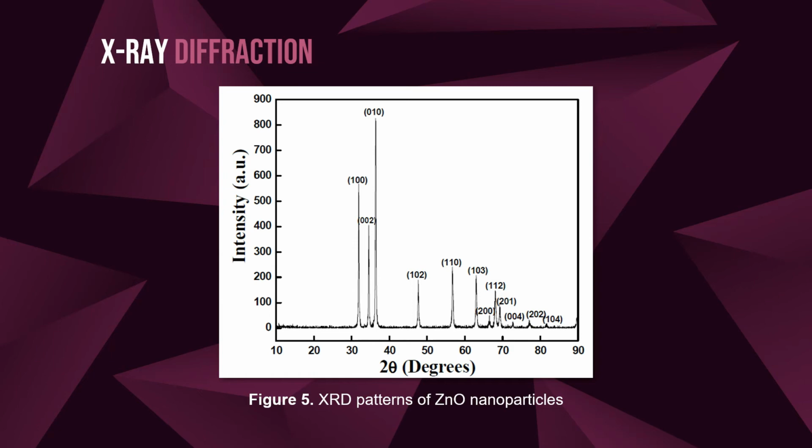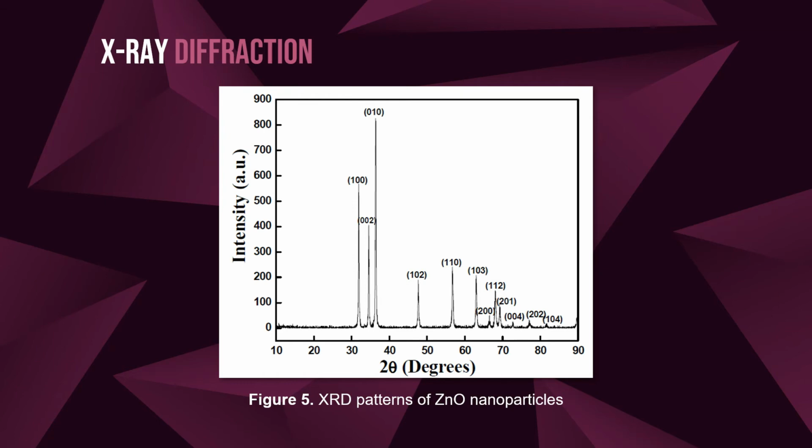The Debye-Scherrer equation was used to measure the average crystallite size. D equals K lambda over beta cos theta, where D is the crystallite size, K is the form factor, which typically has a value of 0.9, lambda is the incident beam wavelength, beta is the diffraction line broadening measured in radians at half of its maximum intensity, and theta is the Bragg angle.